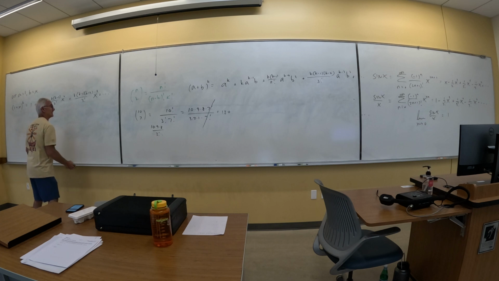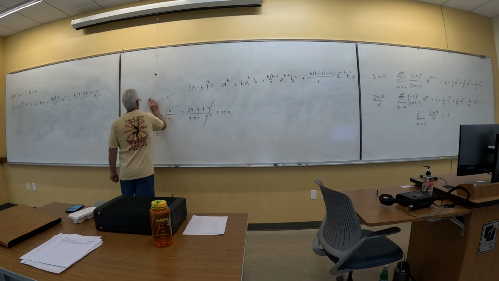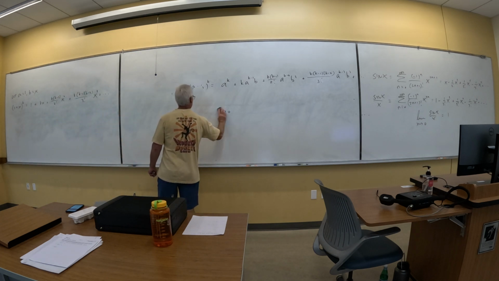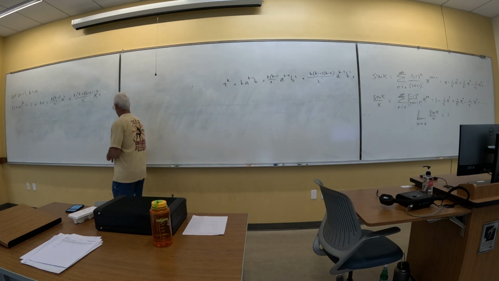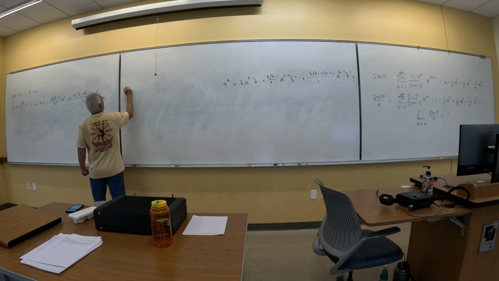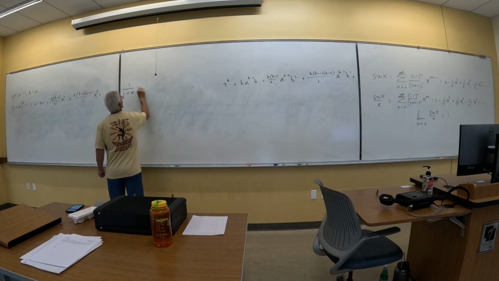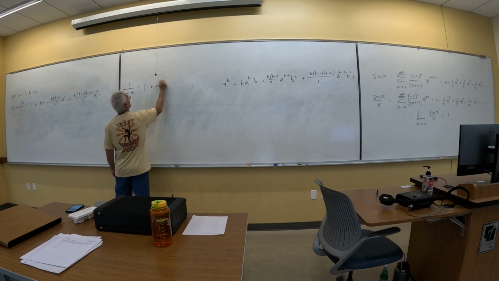So let's do an easy one. Let's start with easy. Let's do, how about 1 over 1 plus x? First thing I want to do is write that as 1 plus x raised to what power? -1.